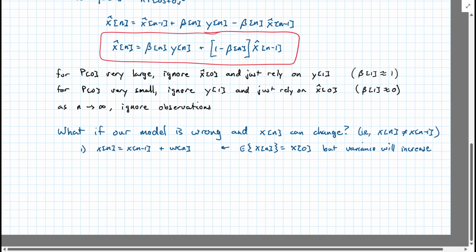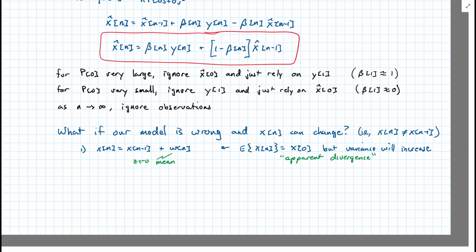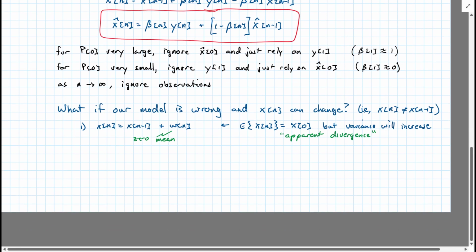This is what we call apparent divergence. And we will have great confidence as to what our actual value is. We'll eventually freeze, but the true value will be wandering around someplace else.